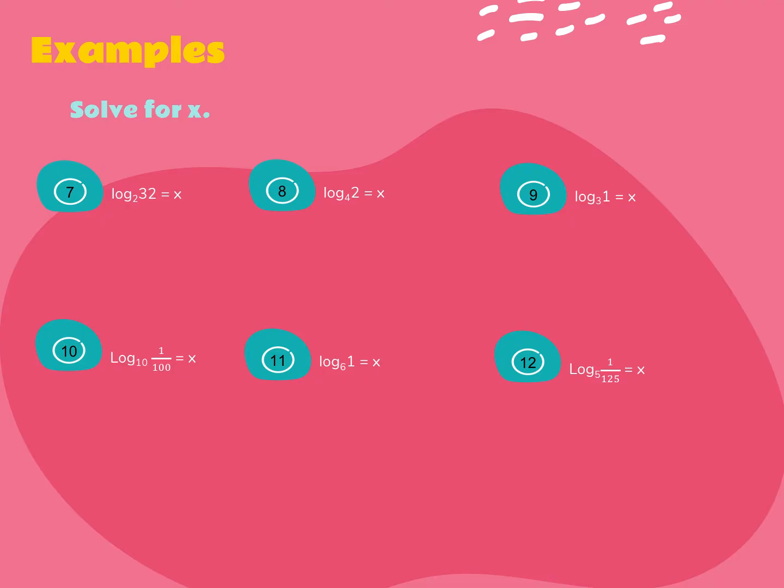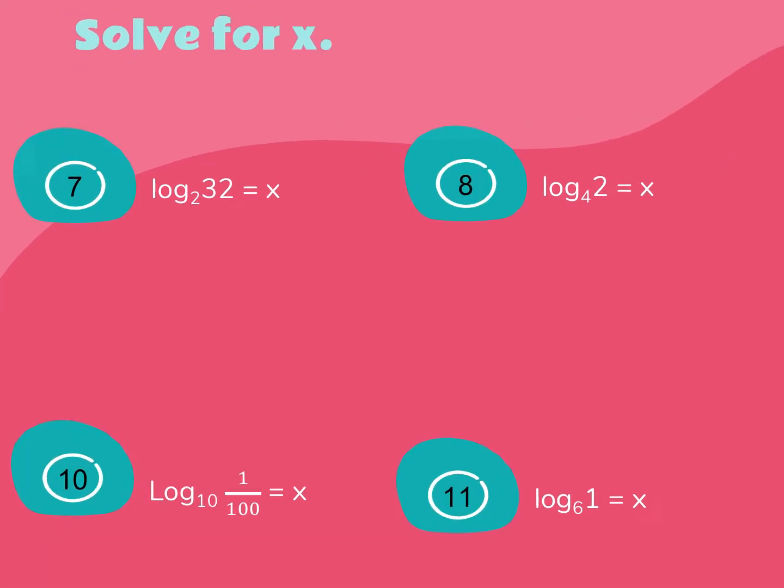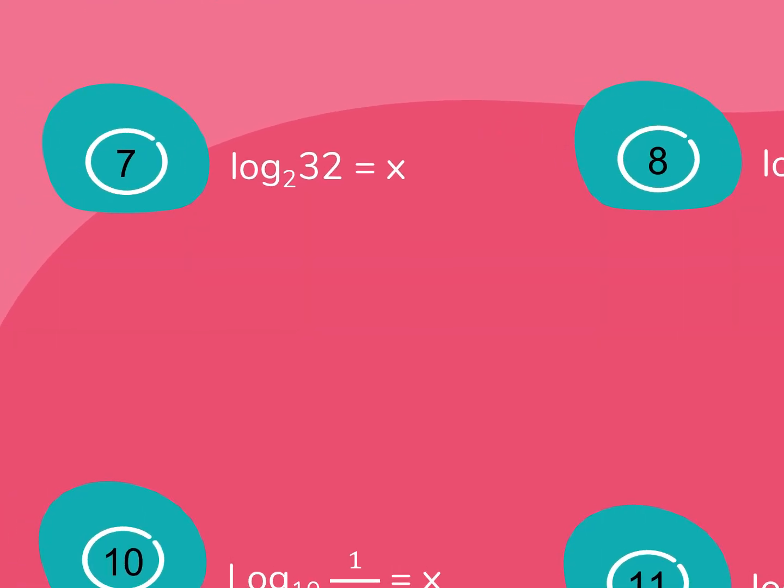So the first one, the main idea here is if you cannot solve this log without a calculator, then you need to try to change it to exponential. Then you could probably solve it. So on the test, you're going to get questions like this that you can solve for x without a calculator by converting it to exponential form.